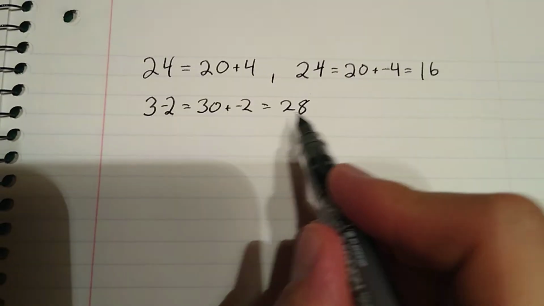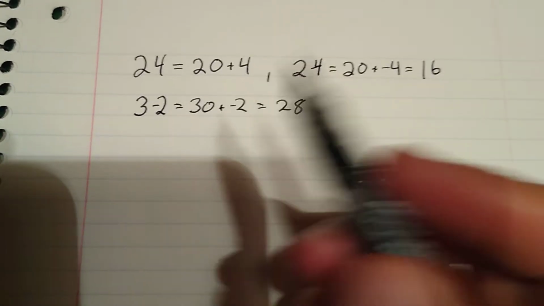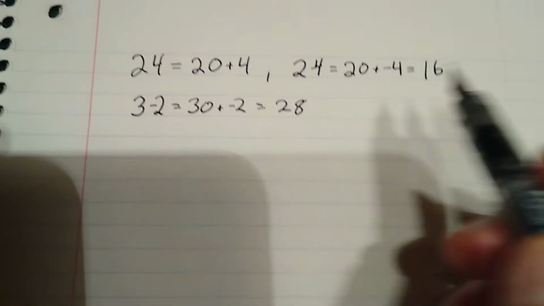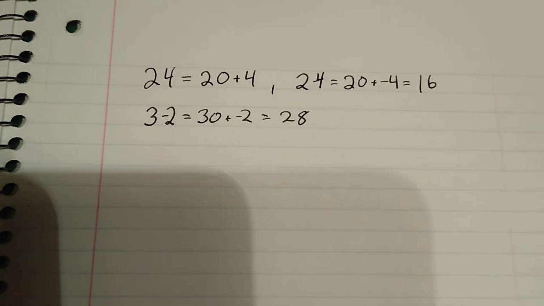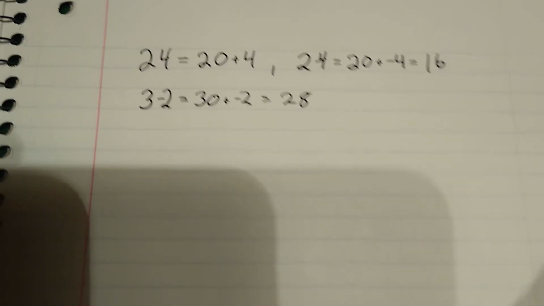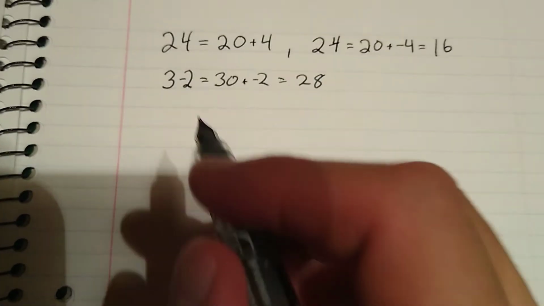And we turn it into 28 when we need to give somebody an answer. But 30 negative 2 is really a number just the same. It's a set of directions. 28 is just the number that people in the real world are looking for. But what we do in our work doesn't need to be the same thing as what we hand in to other people, especially when they don't even care what we're doing.